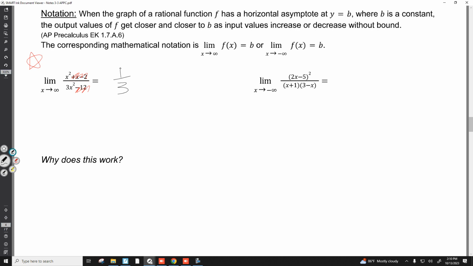Show me. Draw a picture. No, that's not right. This is so important. You guys got the answer 1/3, but you don't know what it means.